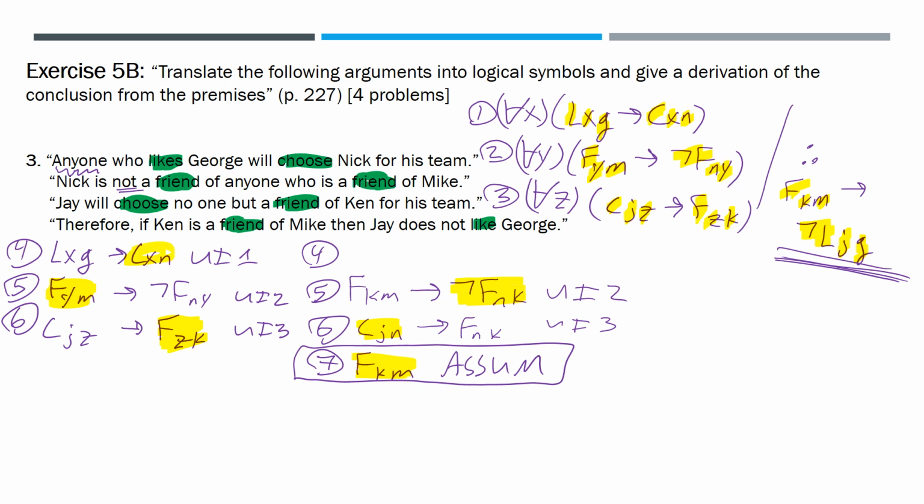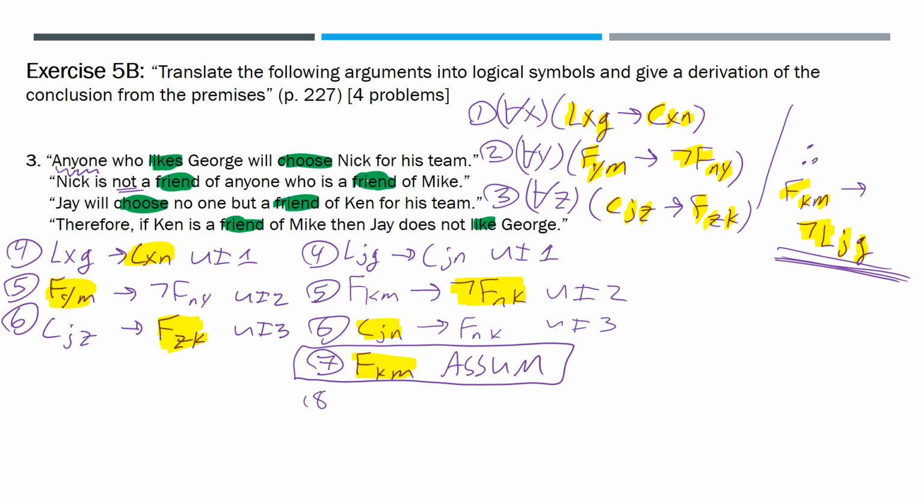On line 4, we have this CXN. Moreover, just by what we've done so far, we'll need a J there. So we'll get LJG, arrow, CJN, universal instantiation, line 1. Now we're good to go.